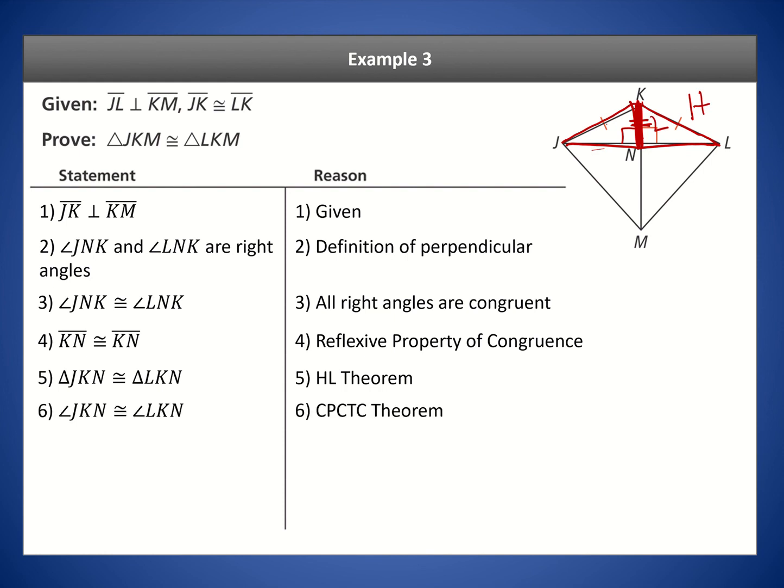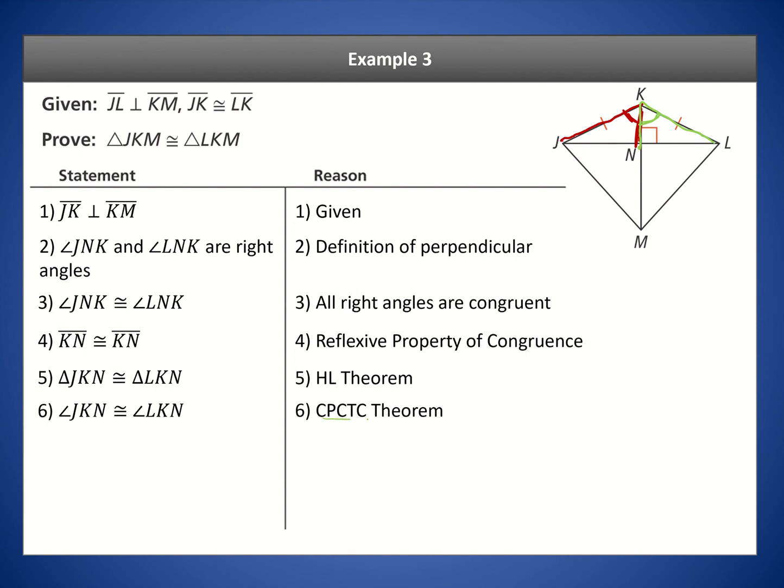All right, next, now that we know that those two triangles are indeed congruent, that means that angle JKN, this angle right here, is congruent to LKN. So those two have to be congruent. Why?